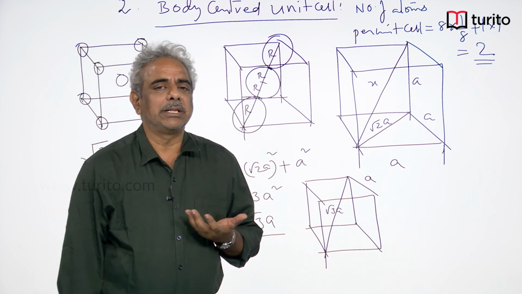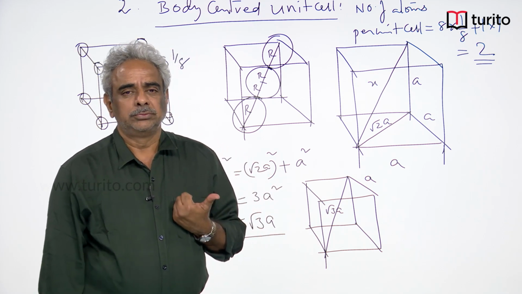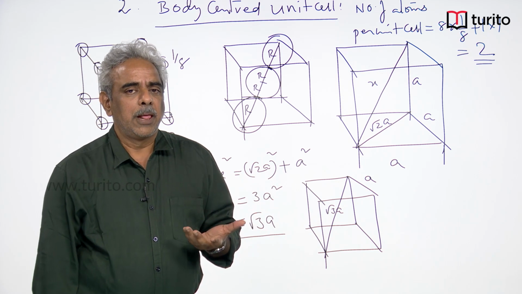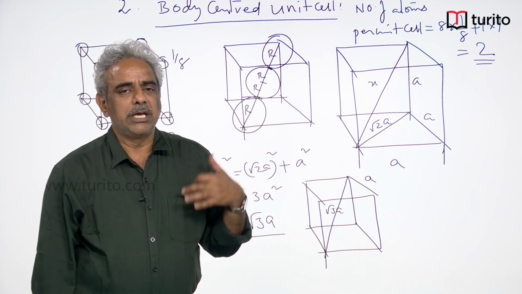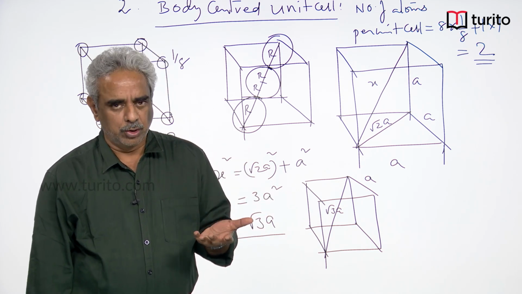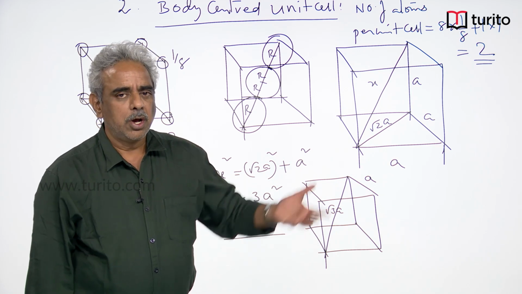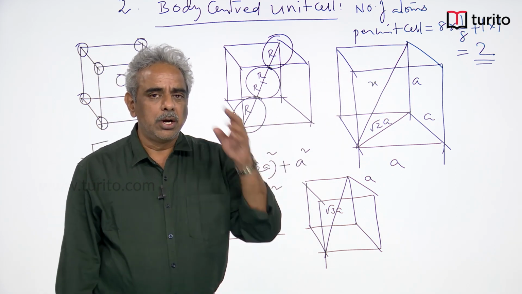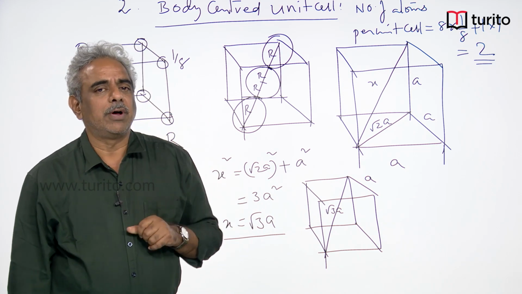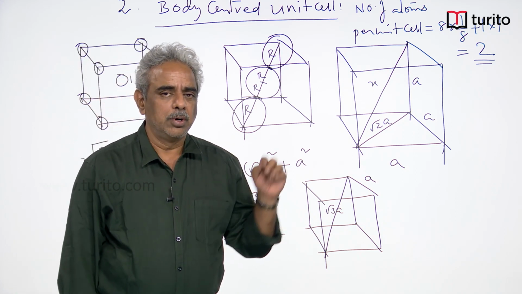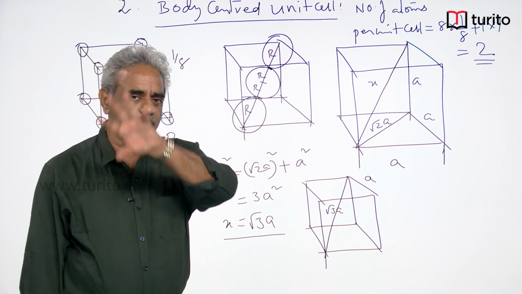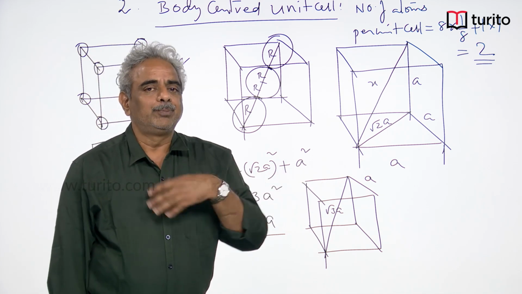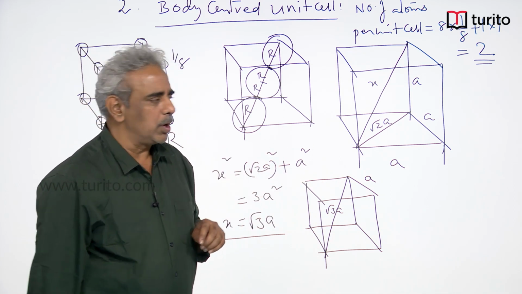Volume of unit cell is nothing but A cube. Occupied volume is what? How many spheres are there? Each sphere is 4 by 3 pi r cube into number of spheres. How many spheres are there per unit cell? 2 spheres. What is the volume of one sphere? 4 by 3 pi r cube. 2 into 4 by 3 pi r cube is volume occupied by A cube. That we will work out now.